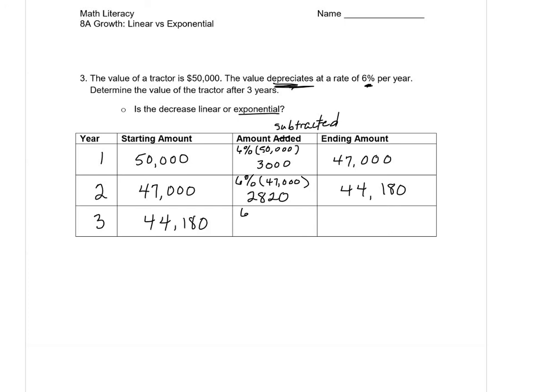And I take 6% of that, and I subtract. So $2,650.80 is how much I'm going to subtract, and that's going to give me $41,529.20.